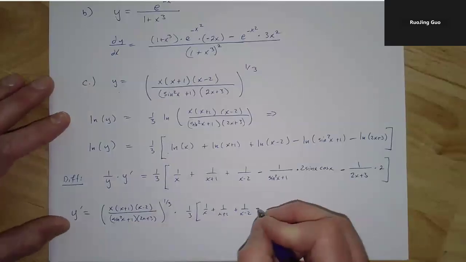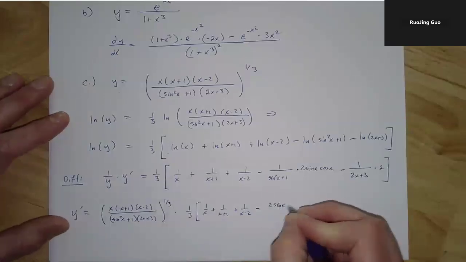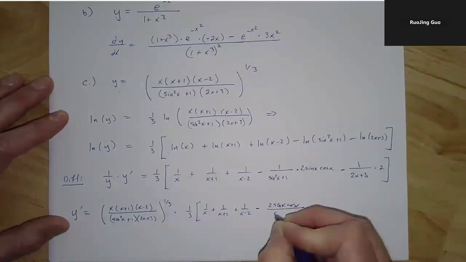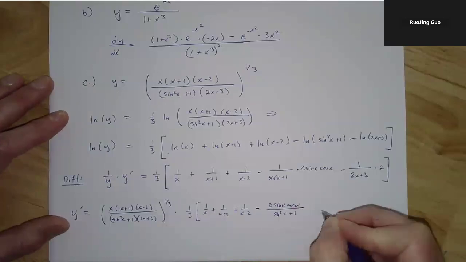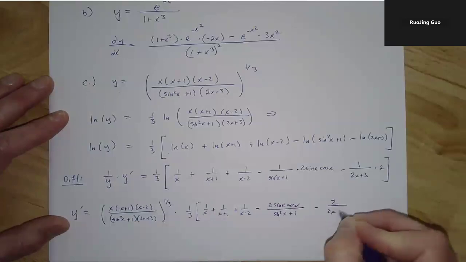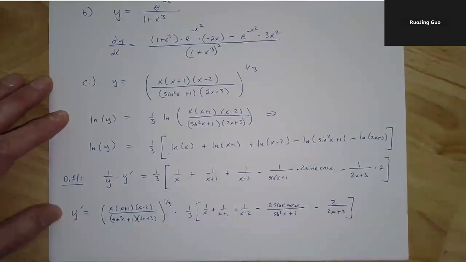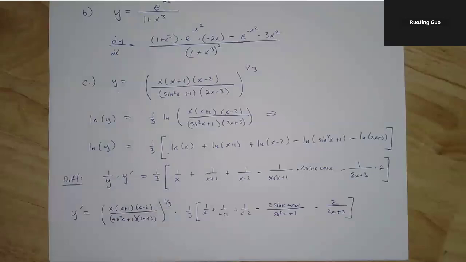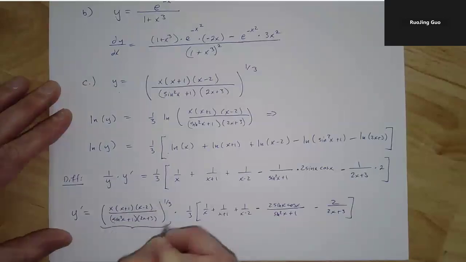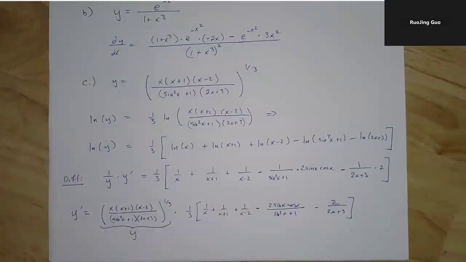No. Minus 2 sine x cosine x over sine squared x plus 1 minus 2 over 2x plus 3. And if you're worried about it, you could point out, hey, there's my y right there. I just replaced it with what it's equal to. Oof, it's still pretty gross, even using logarithmic differentiation there.